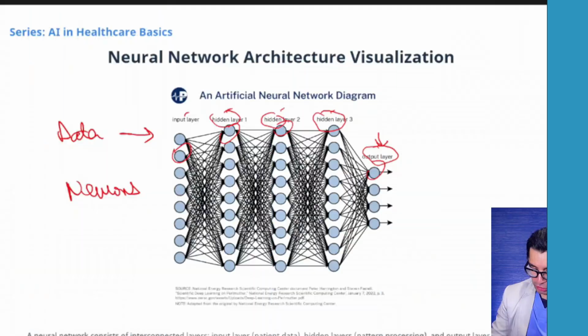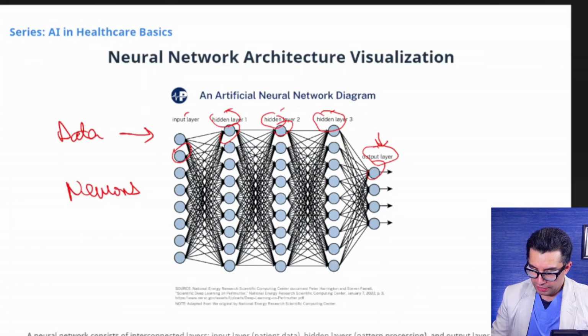That you could have multiple hidden layers, and the more hidden layers, the more complexity it could handle. But complexity itself is not your main goal in this situation.